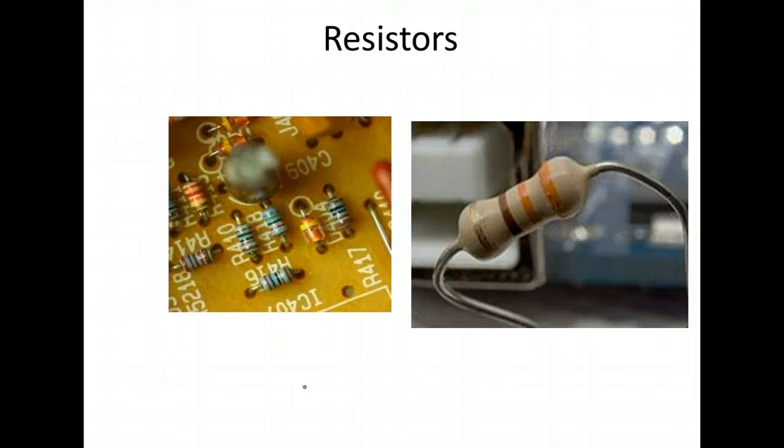Real world resistors look like this. Have you guys ever opened up a circuit board of any kind and seen these? Yeah. Little resistors like this are put into circuit boards. Why would we want to put resistors into a circuit board or any device?